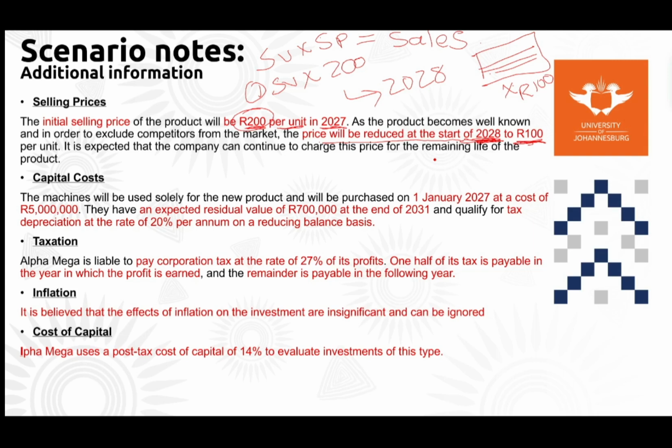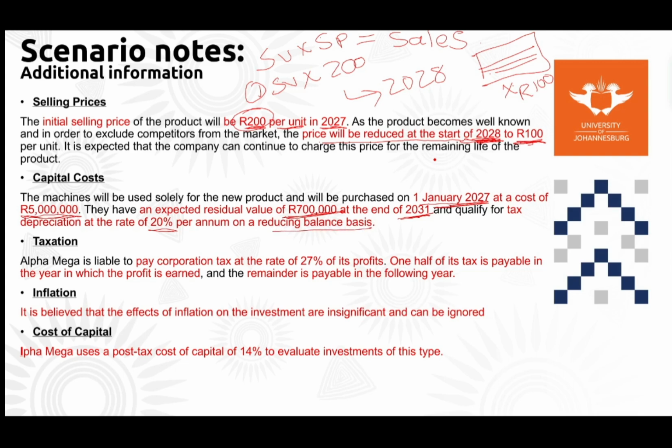The machines will be used solely for the new product and will be purchased on 1 January 2027 at a cost of 5 million, right? And an expected residual value of 700,000 at the end of 2031, right? Tax depreciation at the rate of 20% per annum on a reducing balance basis.